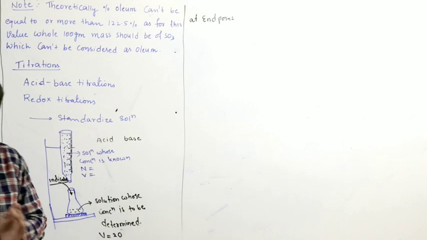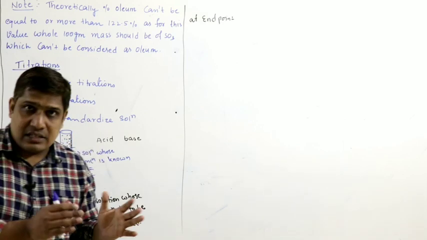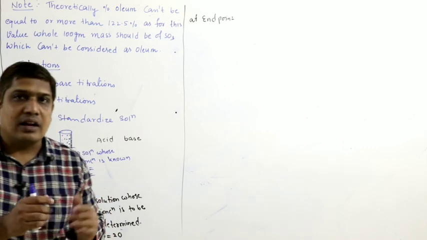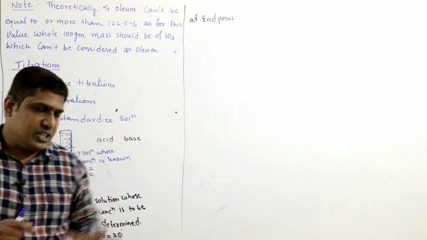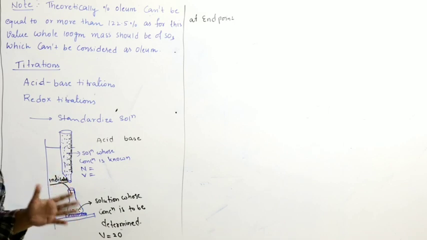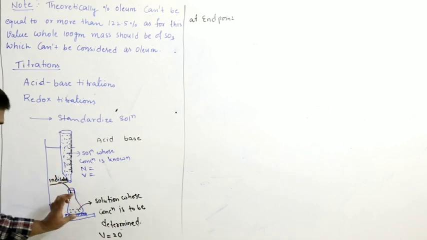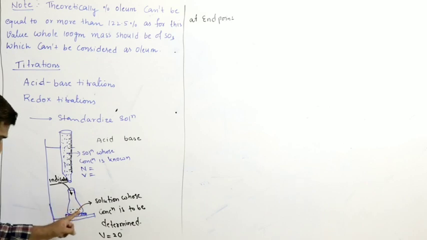What do you mean by color change? A colorless solution becomes colored, or a colored solution becomes colorless, or one color changes to another color at the end point. What is this end point? It means completion of the reaction. Whatever acid or base you are taking will be completely reacted, and I will have salt and water. If I take acid here, you have to take base there; if I take base here, you have to take acid there.